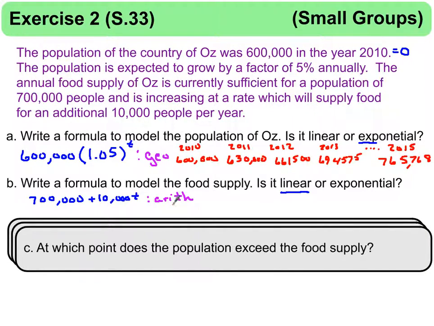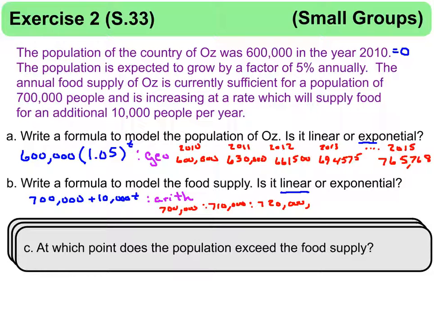So if we did the same thing with the arithmetic, in the year 2010, we know that we will have 700,000. Every single year we're going to add 10,000 to that. So we know the next year after that it's going to be 710,000. In the year after that, in the year 2012, it'll be 720,000.